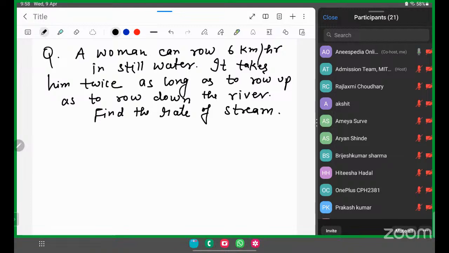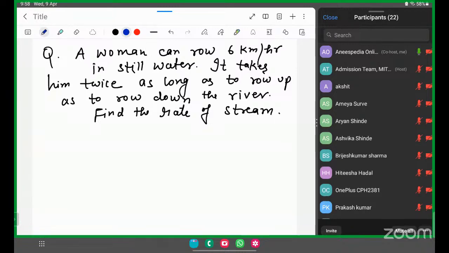How will you solve it? Try. A woman can row 6 kilometer per hour in still water, and it takes him twice as long to row up as to row down the river.